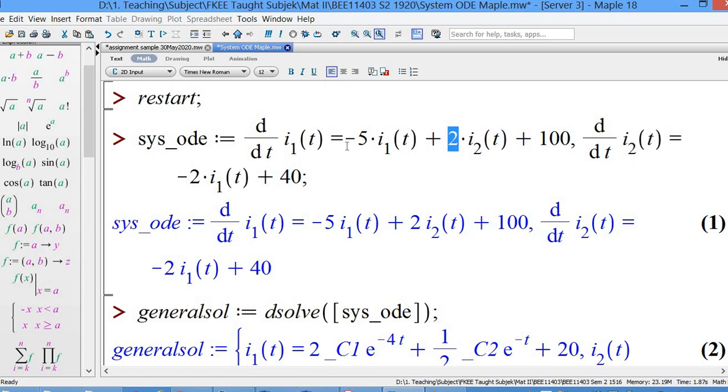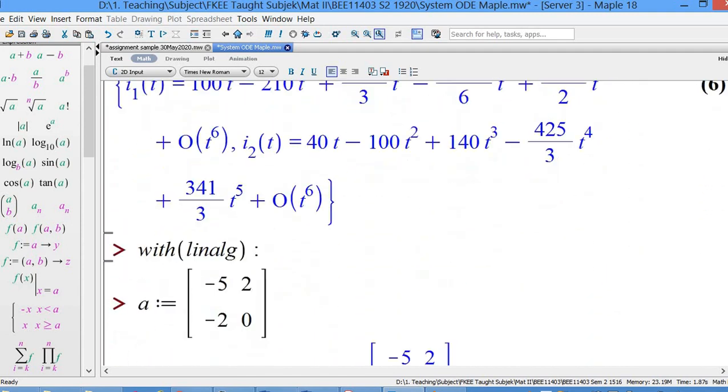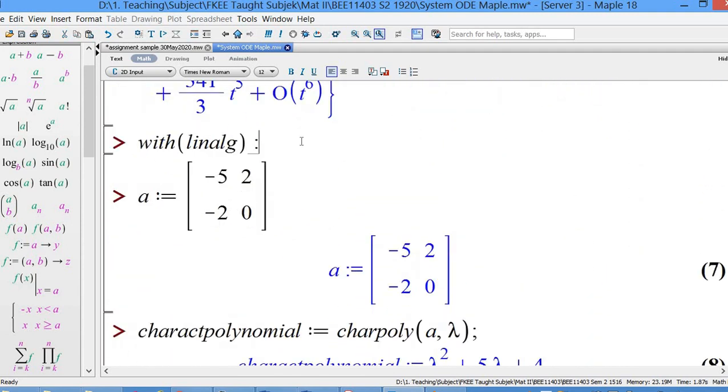A is the matrix we obtain from the coefficients of the first order homogeneous system. Negative 5, 2, and then this is negative 2. We don't have I2, so it's negative 5, 2, negative 2, 0.